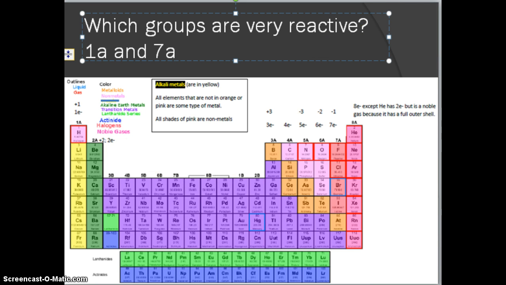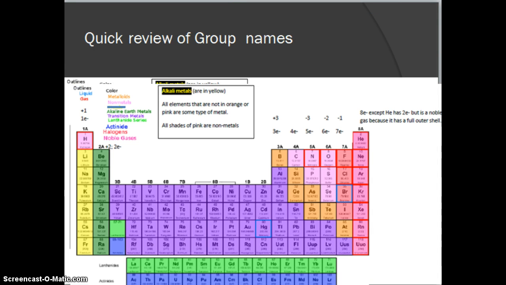And the reason is, 1A has how many valence electrons? 1. So it really wants to lose that one outer electron to have a full outer shell. Group 7 only needs 1 valence electron. It really wants it. So they are very reactive. This group is not reactive at all. The noble gases are not reactive. Why not? They already have a full outer shell.